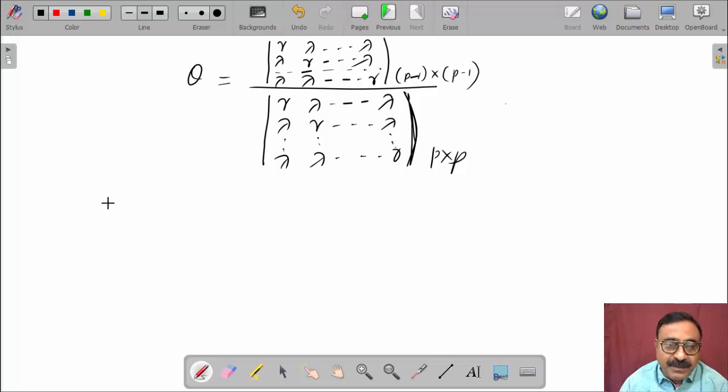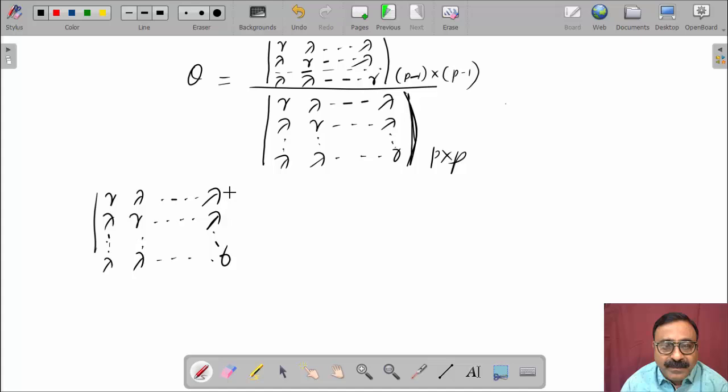So now consider this denominator, a P cross P matrix with R on the diagonal and lambda elsewhere.